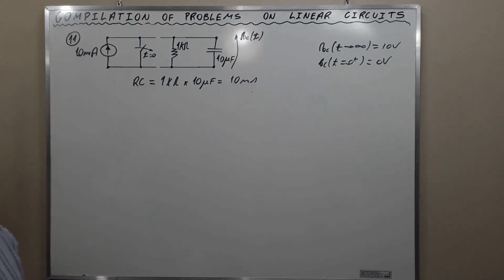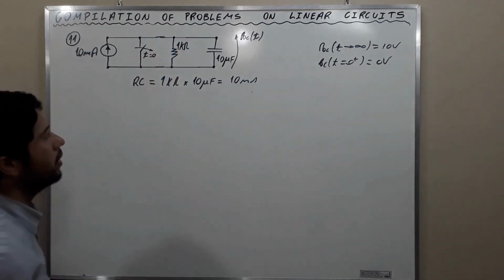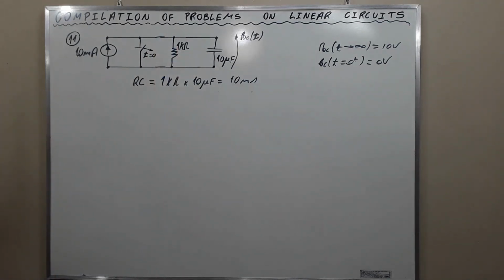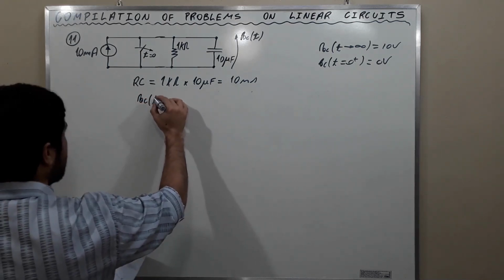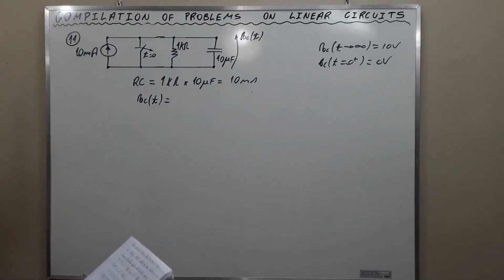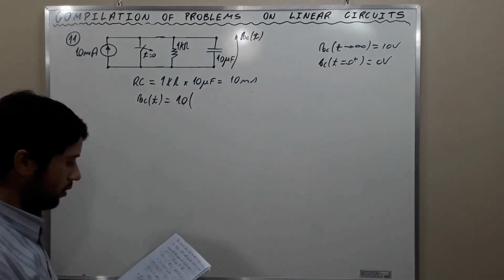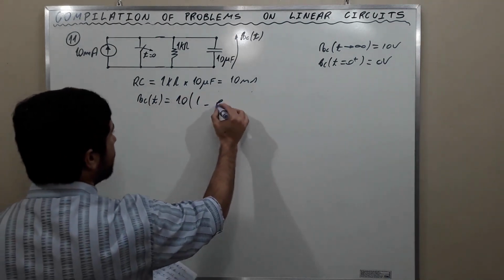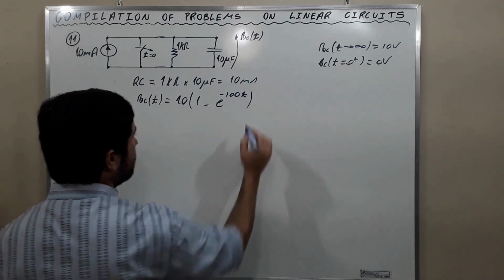However, if we connect the current source, instead of discharging, the capacitor is actually charging. So, the capacitor voltage as a function of time when it is charging is Vc of t is equal to 10 times 1 minus e raised to the power of negative 100t.